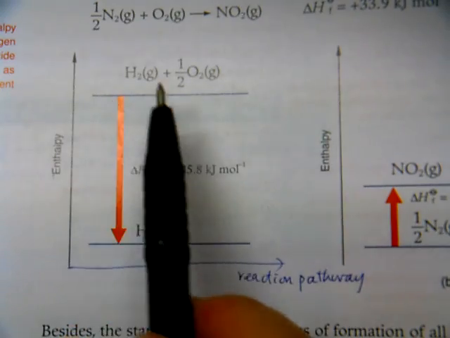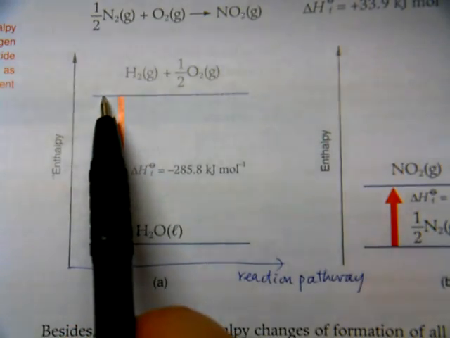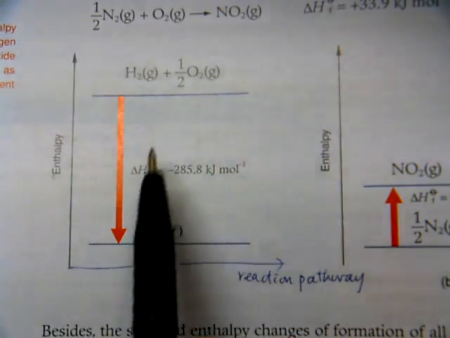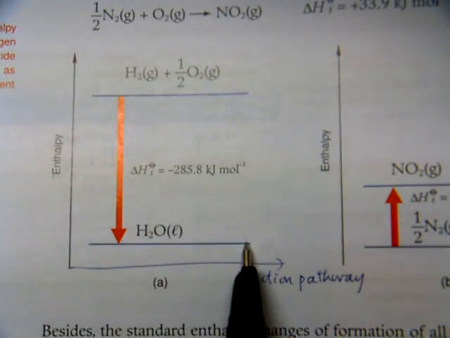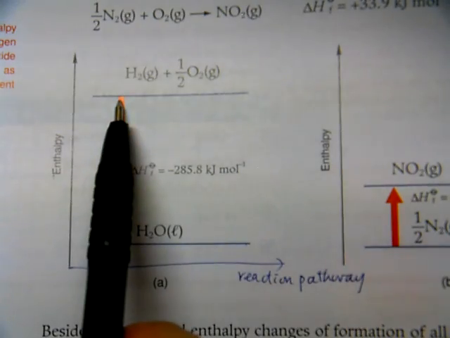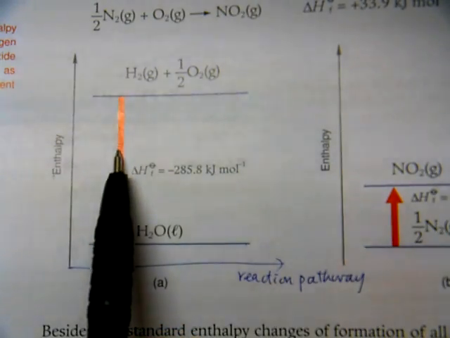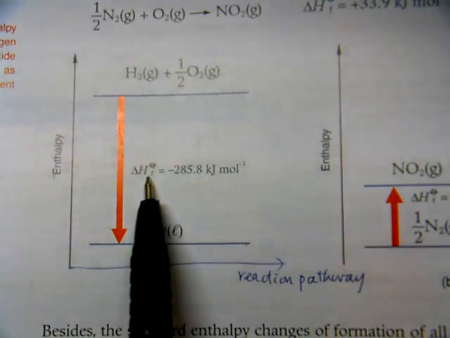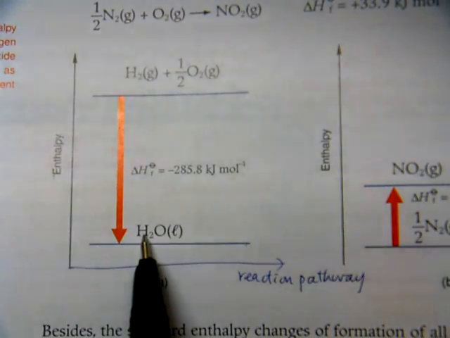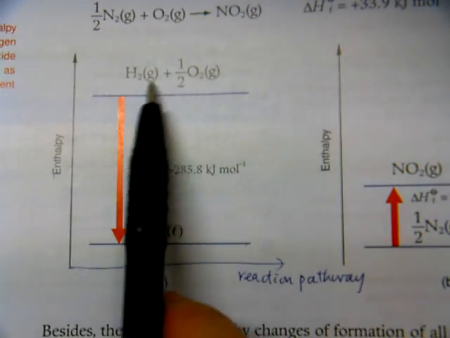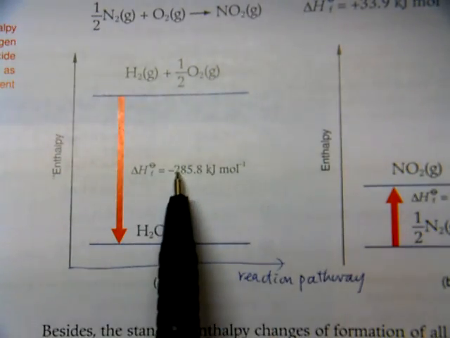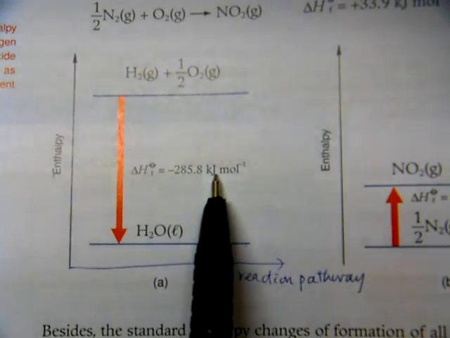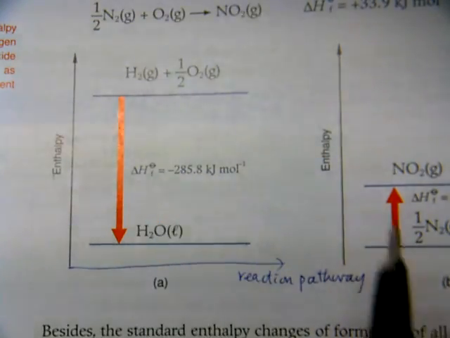Because the reaction is exothermic, therefore the enthalpy of the reactants should be higher than the enthalpy of the product. And look at the red arrow. The red arrow is pointing downwards. Understand? In this situation, when 1 mole of water is produced from its constituent elements, net 285.8 kilojoule of energy is released.